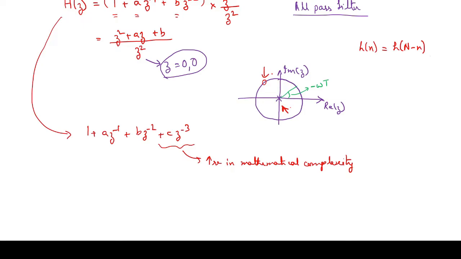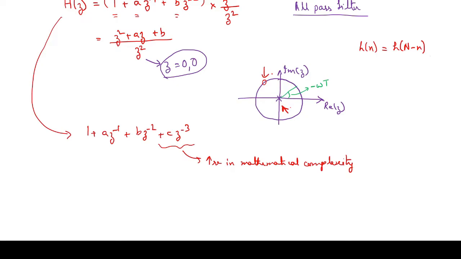This is the reason you will find in many textbooks that FIR filters are designed by the placement of the zeros, because everyone knows that all the poles are at the origin of the Z plane, and you cannot place the poles anywhere on the Z plane for FIR filters.